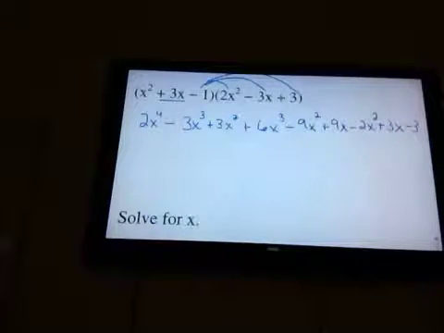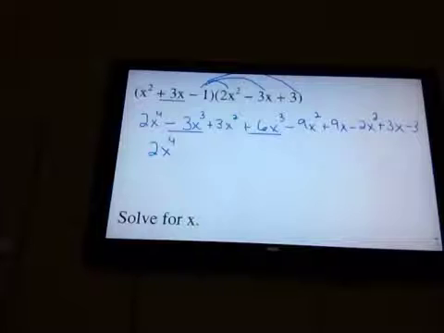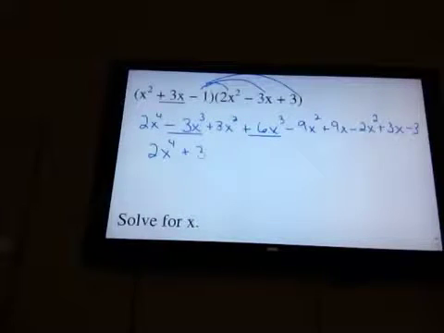And you'll notice many times when you FOIL, it ends up in kind of a descending order on its own. 2x to the 4th has nothing to be combined with. X to the thirds, we have a negative 3, positive 6. Is that all of them? That's all of them. So positive 3x to the third.